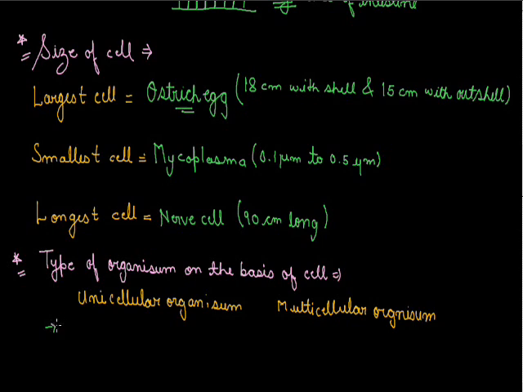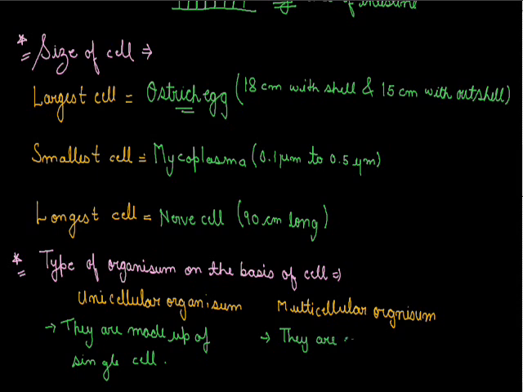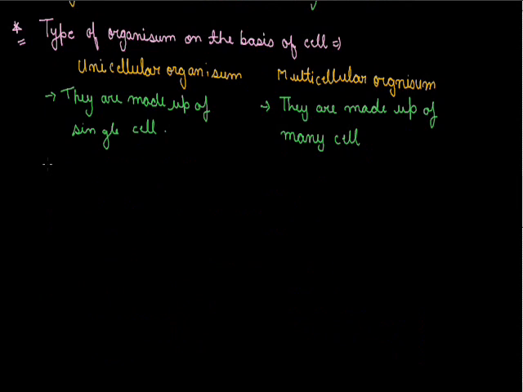Unicellular organisms are those made up of only a single cell, while multicellular organisms are made up of many cells.